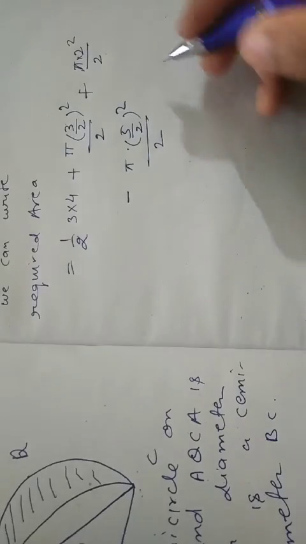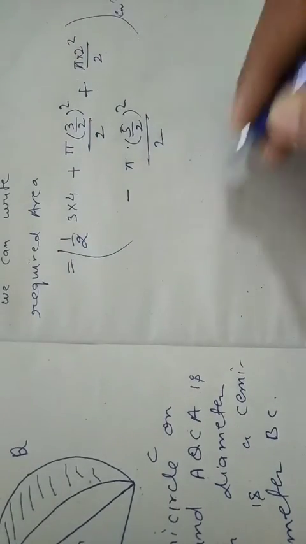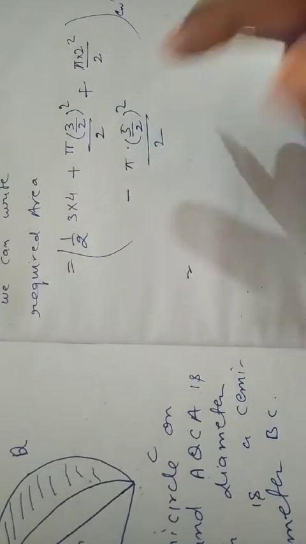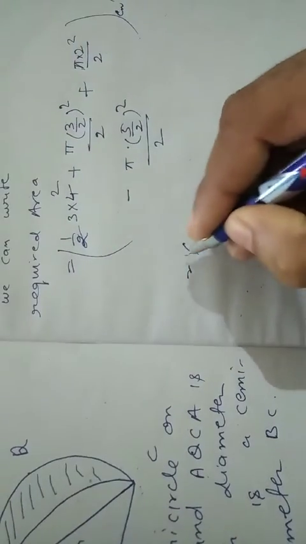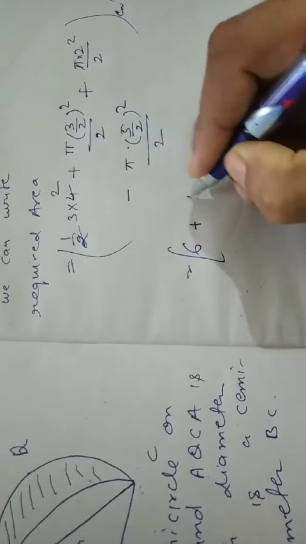Now follow this expression. This is in square centimeter, equal to, take pi by 2 common in these three. We find 2 threes are 6, plus take pi by 2 as common.